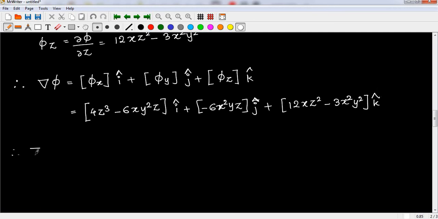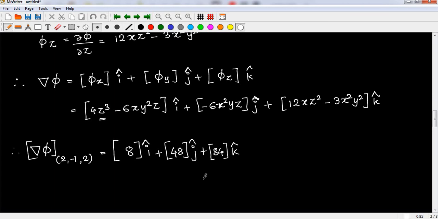Therefore, we can find the value of the gradient vector at the given point, where the point given in the problem is 2, minus 1 and 2. So, substitute x is equal to 2, y is equal to minus 1, z is equal to 2. So, we get the vector as 8 i cap plus 48 j cap plus 84 k cap.